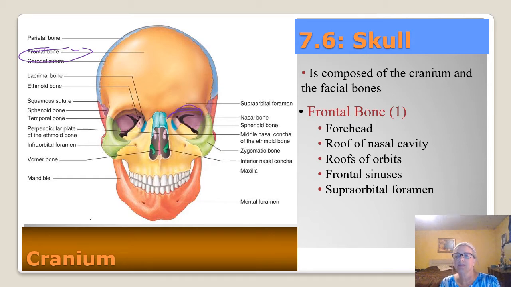It houses the frontal sinuses, and then that supraorbital foramen, okay? Supra is the same thing as superior, and so that means above. And you can see we have lots of other different bones here. There are some features pointed out here, like we have the mental foramen, and yes, there's the superior or supraorbital foramen there. So we've got to learn all of those openings as well.